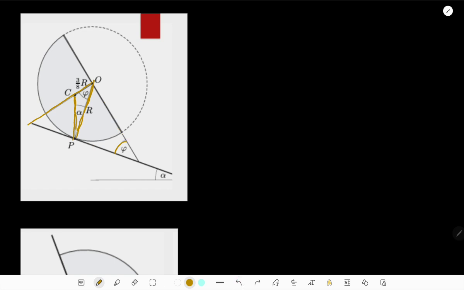And I have a good triangle to utilize the sine formula. The triangle is OPC, and we can use the sine formula. Simply sine alpha upon 3 by 8r is equal to sine of this angle, this length is r, so this angle is pi minus alpha plus phi.